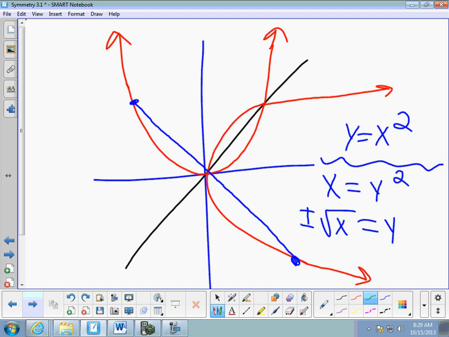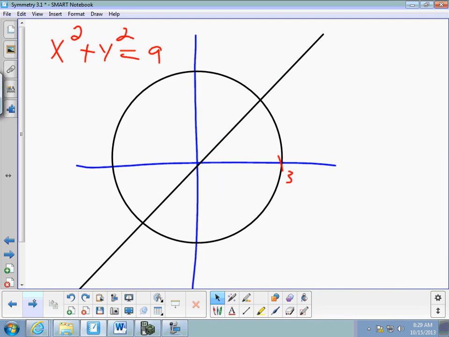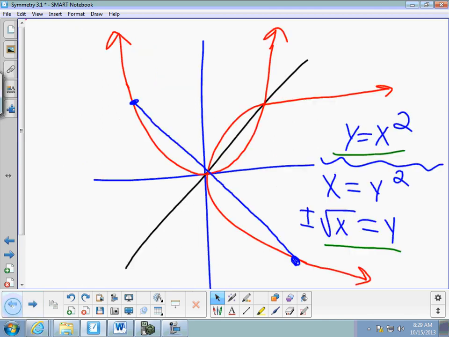So this is what's going on. If these two graphs are symmetric with respect to the line y equals x, I should be able to interchange the x and the y and get the same thing I started with. Well, look, is this equation down here the same thing as what I started with? No. And so the original graph is not symmetric over the line y equals x. Let me back up for a second.